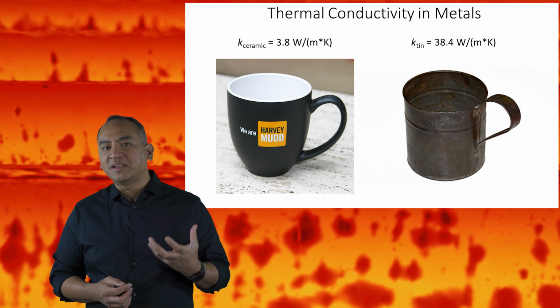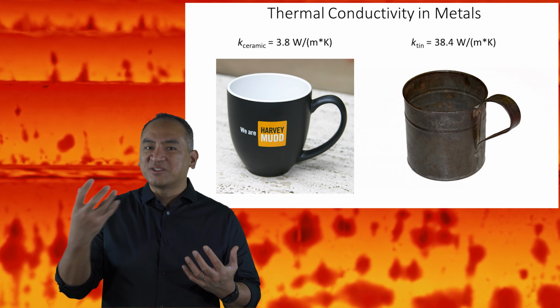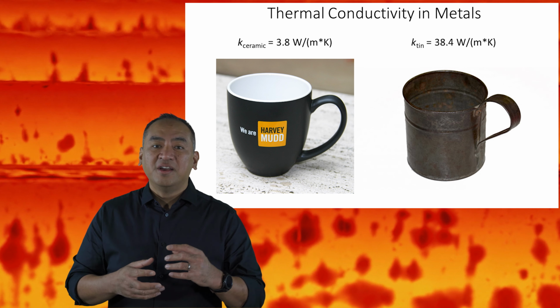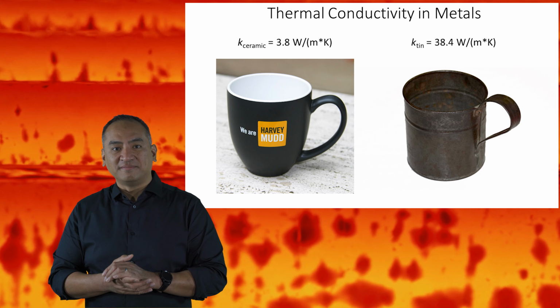Why is the thermal conductivity in metals so much higher than in ceramics? Well, we already discussed the answer, but let's talk about it again. Metals like tin have a relatively large number of free electrons due to the nature of metallic bonding.